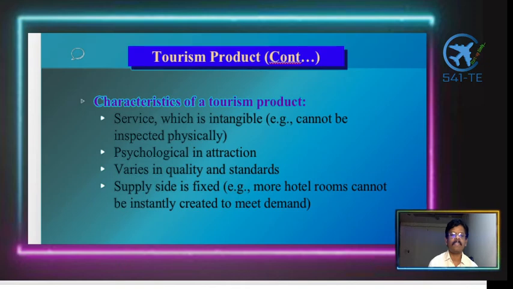It is not the same, and the supply side is fixed. For example, more hotel rooms cannot be instantly created to meet the demand. So the supply side is fixed, and the quality varies. The same product, but the quality perceived by the end users varies.